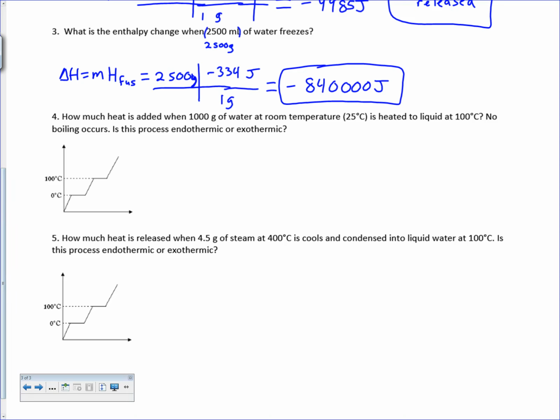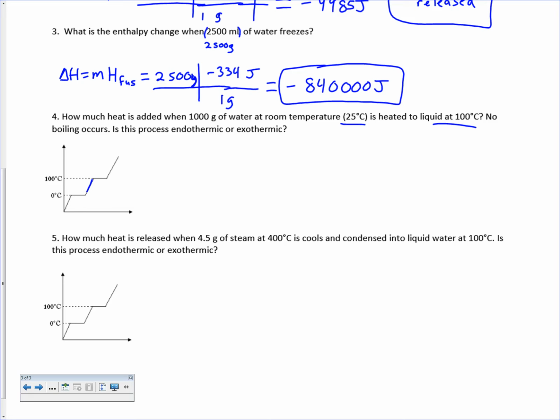All right, on to this first heating curve problem. It says we've got 1,000 grams of water at room temperature, which is 25 degrees. We're trying to heat them up to a liquid at 100 degrees Celsius, and no boiling occurs here. So we're starting at 25, and we're going up to 100. This one is actually just a one-step process. We're just changing temperature here.